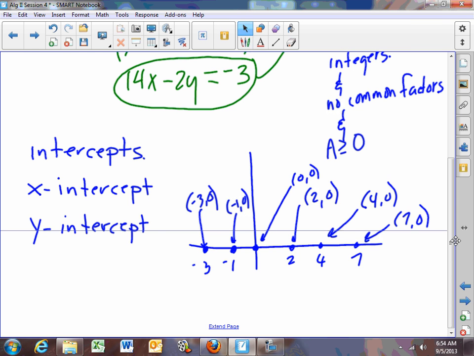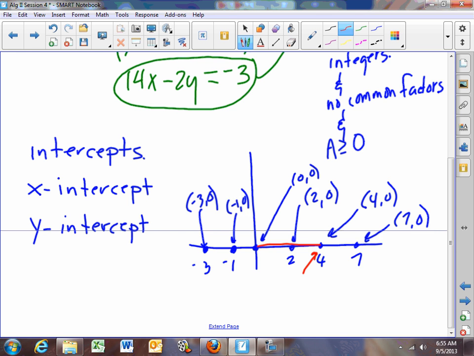Now, if you look at this diagram, every point on the x-axis, and these are all points on the x-axis, has coordinates where the y-coordinate is 0. That should make sense to you because the coordinates tell you how to get from the origin to where you are. If we consider the point 4, 0, the coordinates tell us go 4 units to the right of the origin, and then don't go up or down at all.